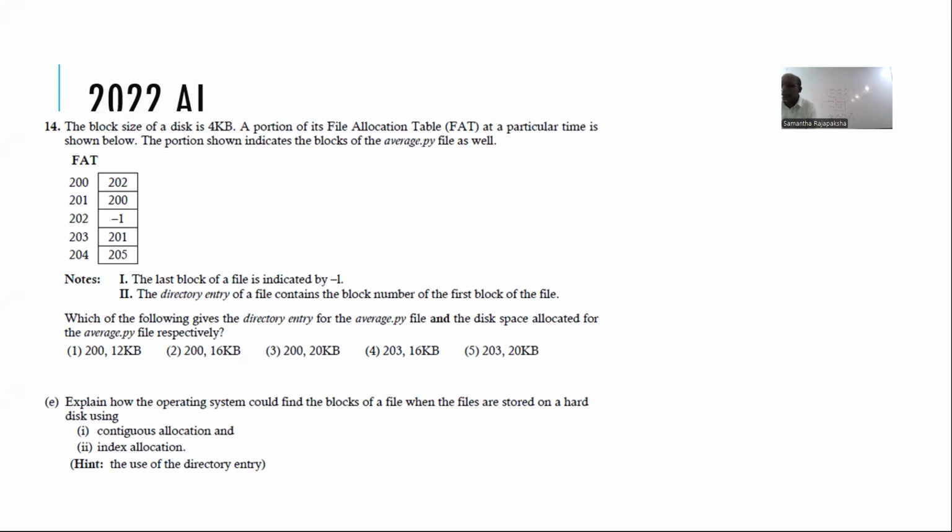But sir, they have given a hint now, sir. Use of the directory entry. Directory entry actually contains the index block address. Once you go to the index block, you can find out where the other blocks are available.